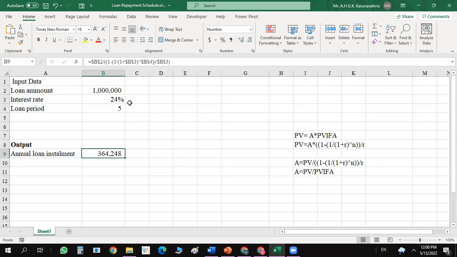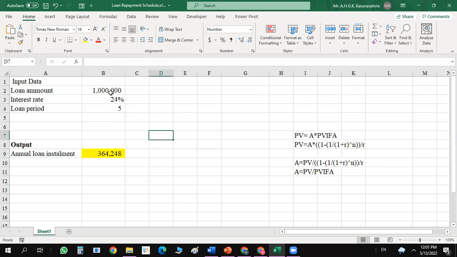If you borrow 1 million at a rate of 24% to be settled by paying annual installments, your annual loan installment would be 364,248. So accordingly, this is your calculation.